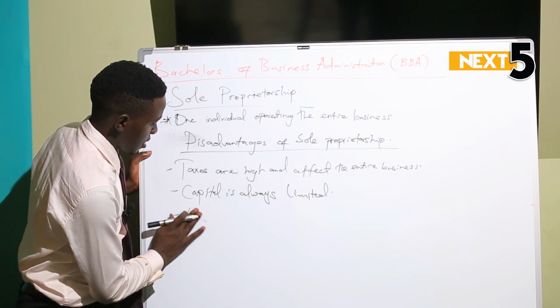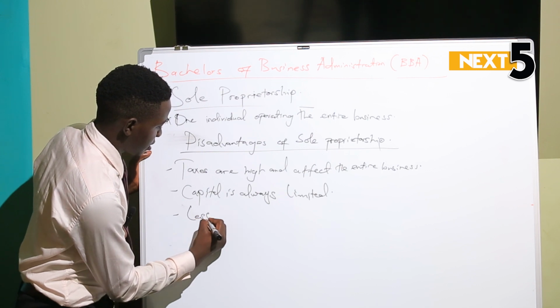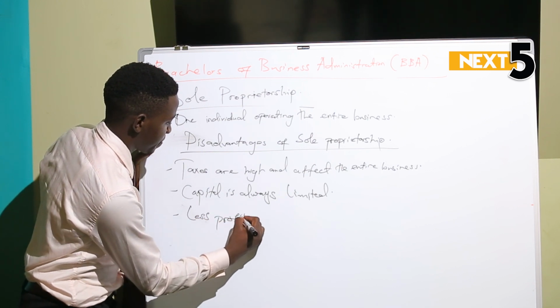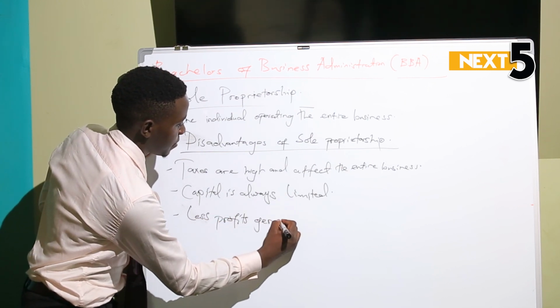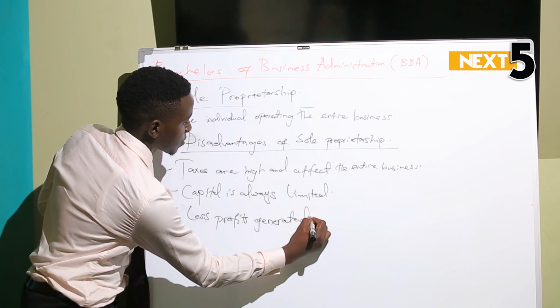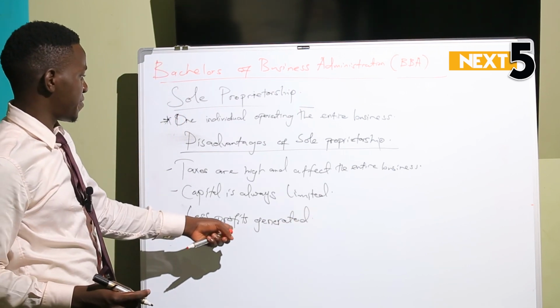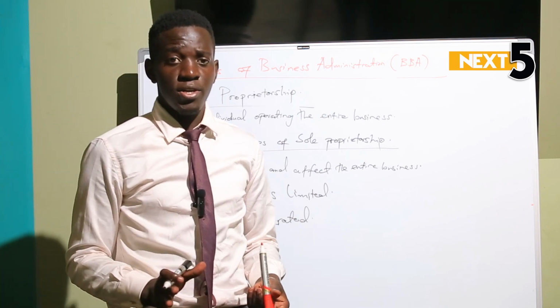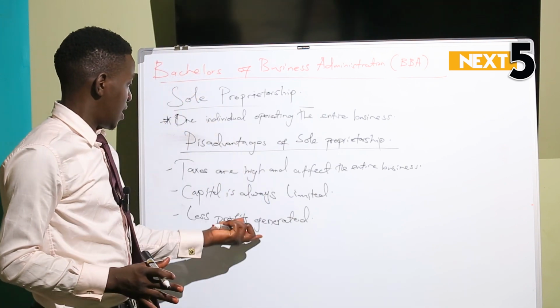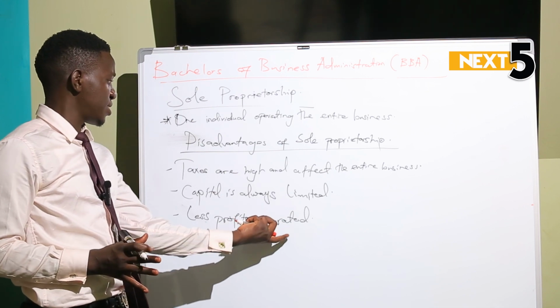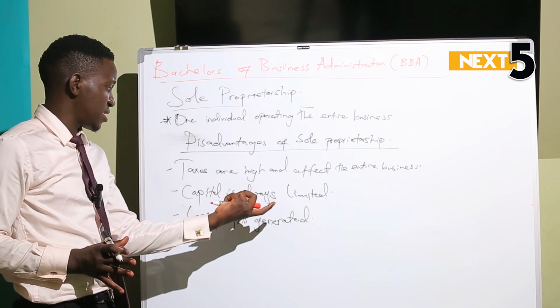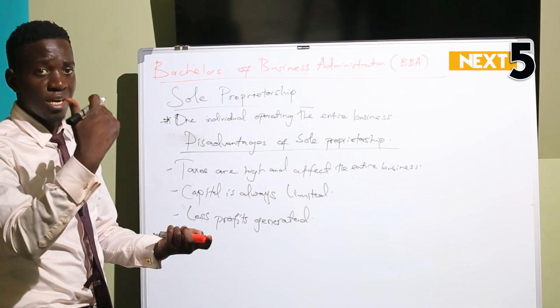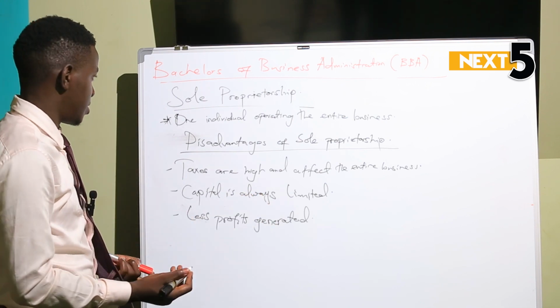So there are always less profits generated. The reason why there are always less profits generated is that the business is always operated on a very small scale, and that is why less profits are generated. And this is obviously coming from the fact that it is always a limited capital that is incurred into the business.